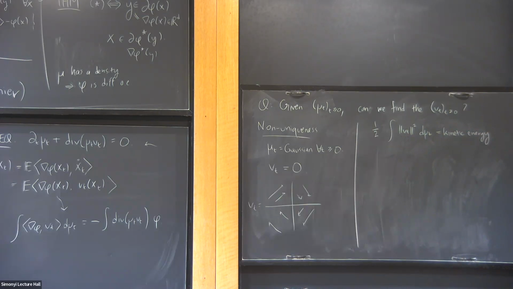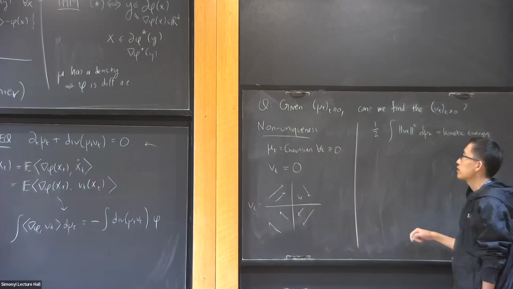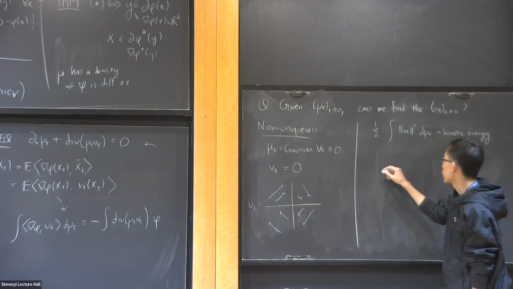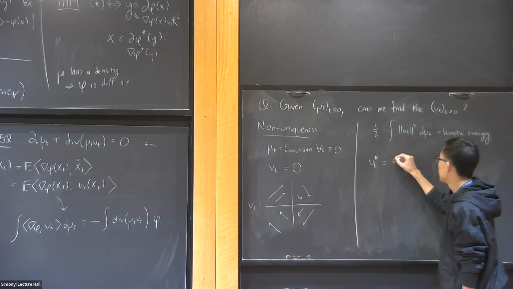So a physically motivated way to find vector fields that have no wasted movement is to find the Vt which minimizes the kinetic energy, subject to reproducing the right behavior of mu t.